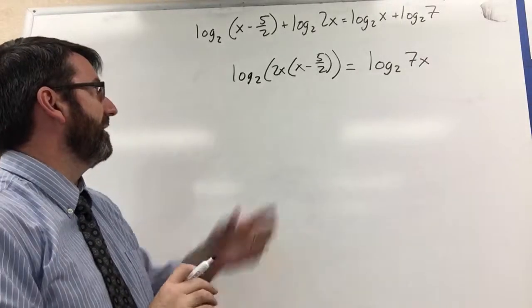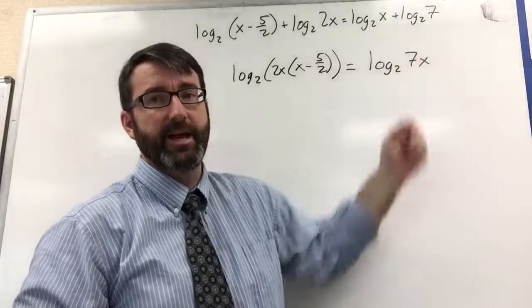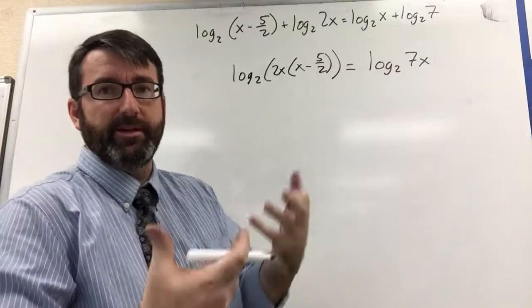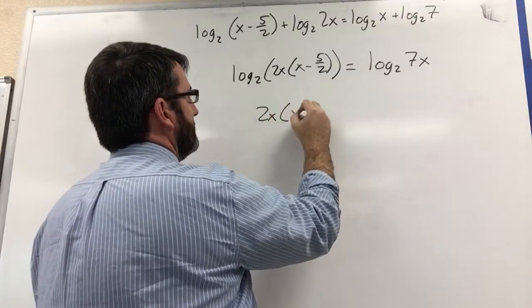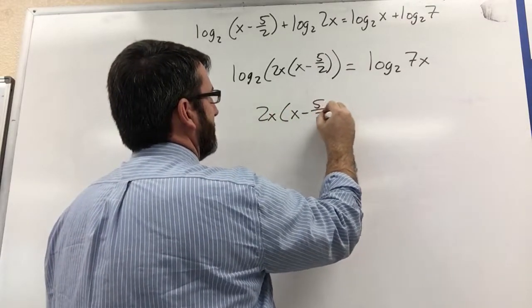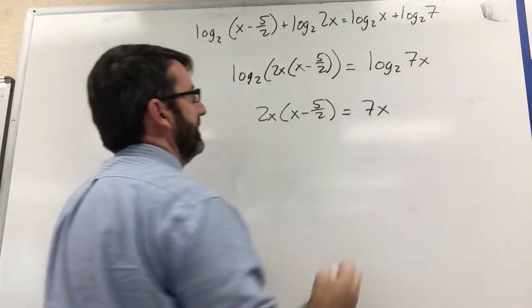And now what we have is log base 2 of all of this equals log base 2 of 7x. And so we can just get rid of the log base 2. We're left with 2x times (x minus 5 halves) is equal to 7x.